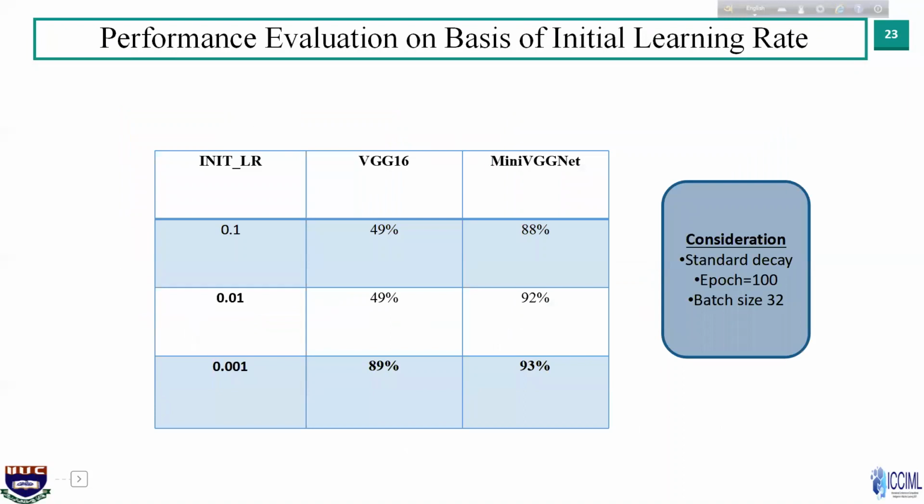Here is another performance simulation on the basis of initial learning rate, where we consider epoch 100 and batch size 32, and we consider standard decay also, where we can see that MiniViTNet gives better accuracy, which is 93% compared to VGG16.